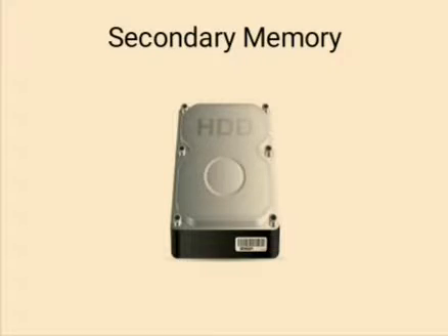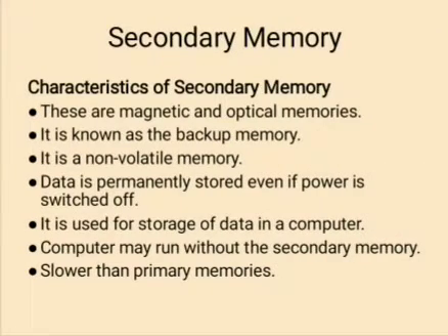Let us see what the characteristics of secondary memory are. These are the magnetic and optical memories. It is also known as the backup memory, and it is non-volatile memory.